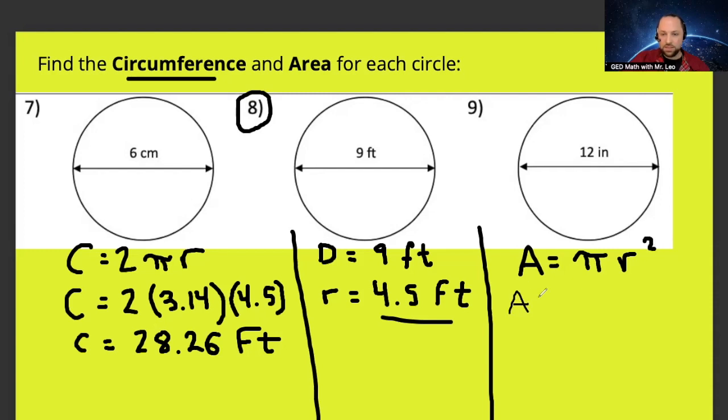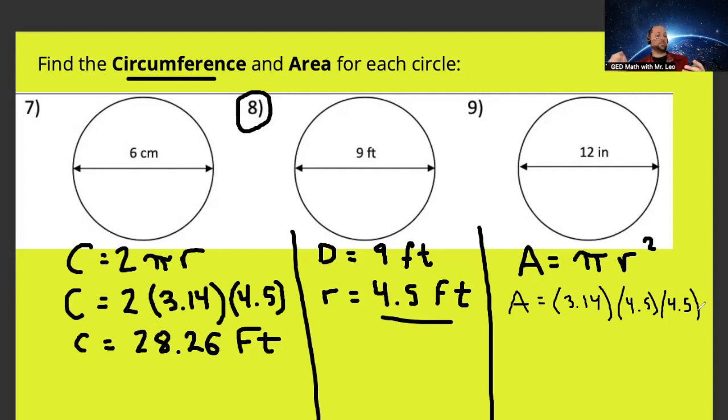A is 3.14 times radius. That's going to be 4.5 times another 4.5. Please excuse my handwriting. You know what's going on. You're writing this down in your notebook, right? So 3.14 times 4.5 times 4.5.